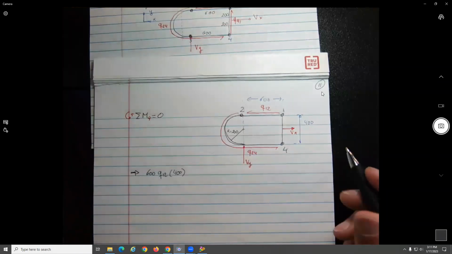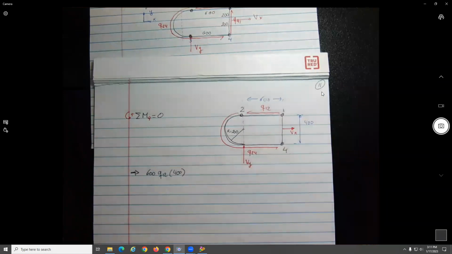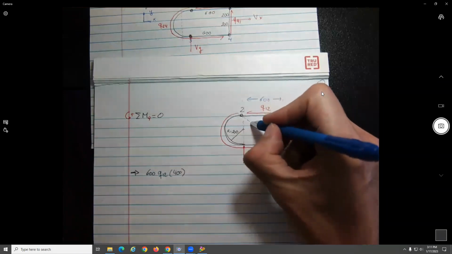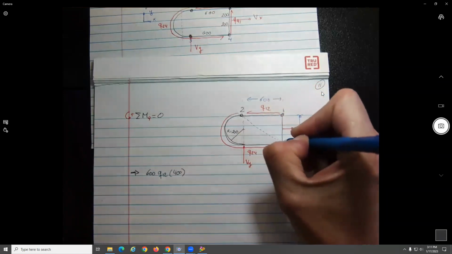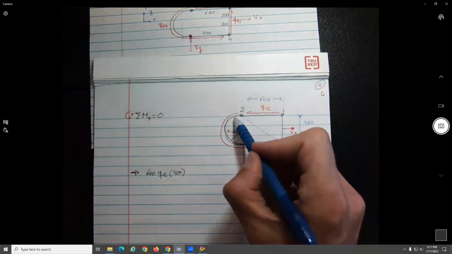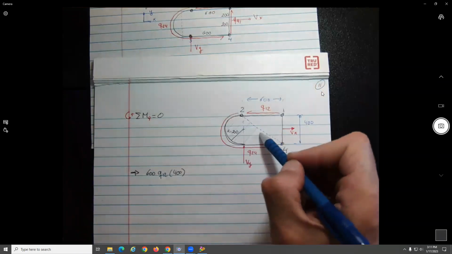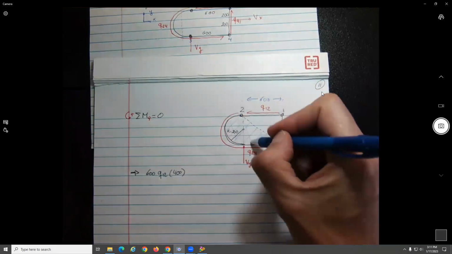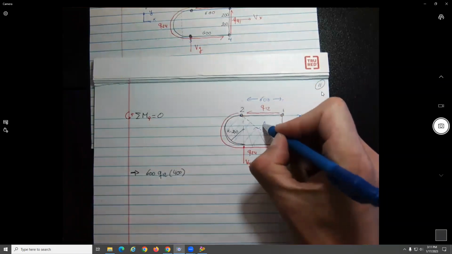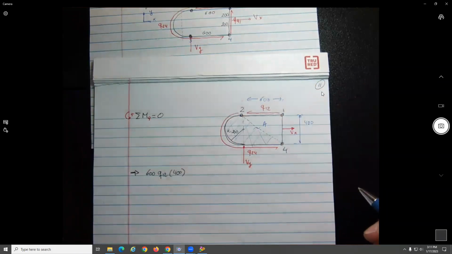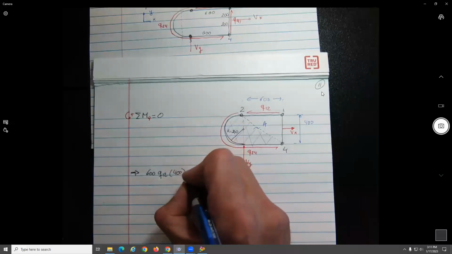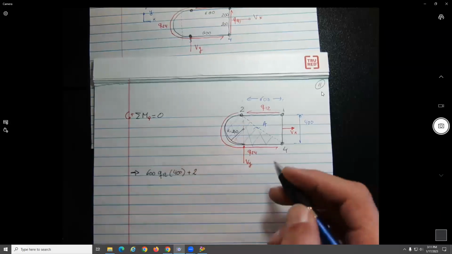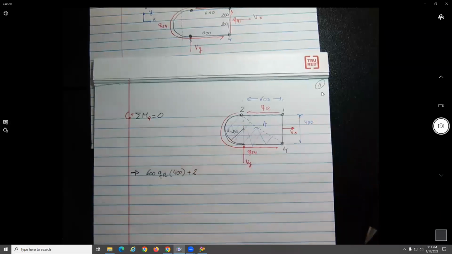So in this case, what will be A? It's about point 4. So you look at 2Q24, so A should be the area over here. So we get here plus 2, and this will give a counterclockwise moment, so positive.